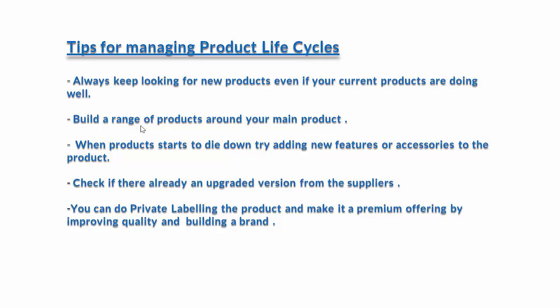So ultimately you have a store which is not relying on just one product, but has a stable base of multiple products that are doing well. And so if one product dies down, you have some other products to fall back on.